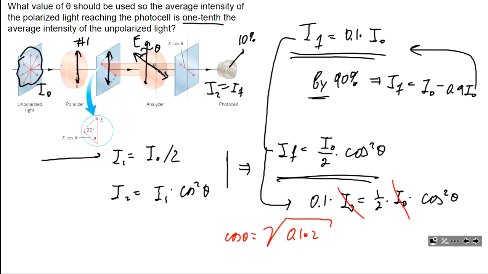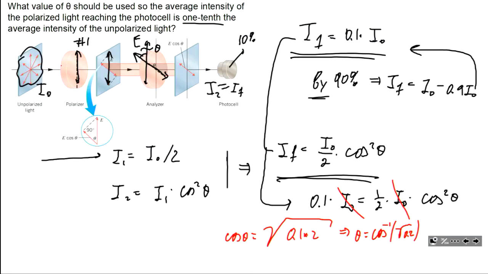Square root. I don't need this actually. I know it's a number. What I need is this. The angle should be equal to the inverse cosine of this 0.2. That's what actually we are looking for. Inverse cosine. Where is it? Here.